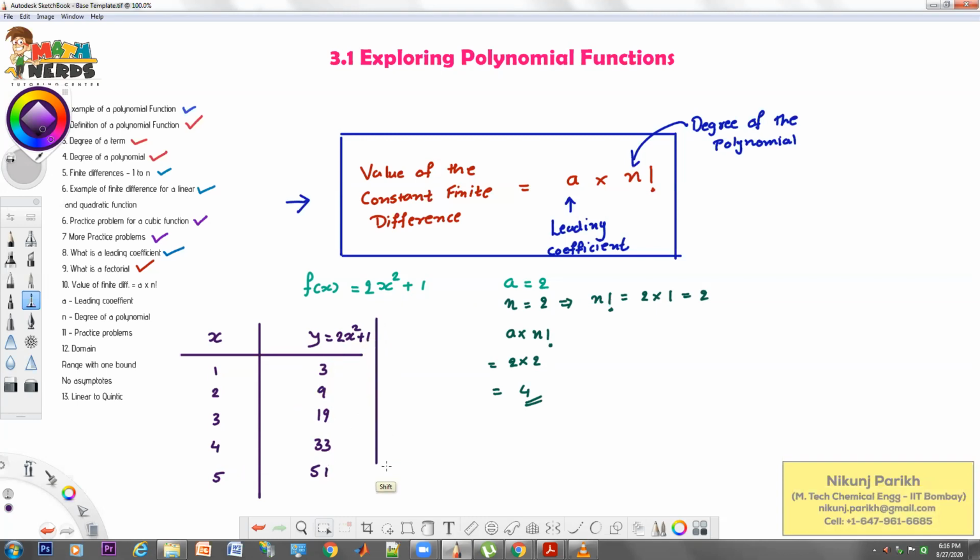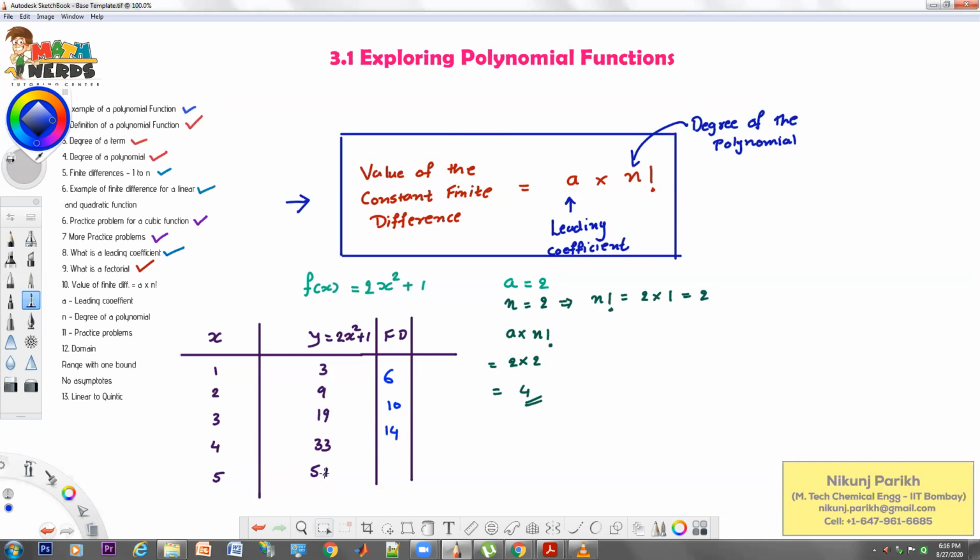Now comes my first difference. 9 minus 3 is 6. 19 minus 9 is 10. 33 minus 19 is 14.